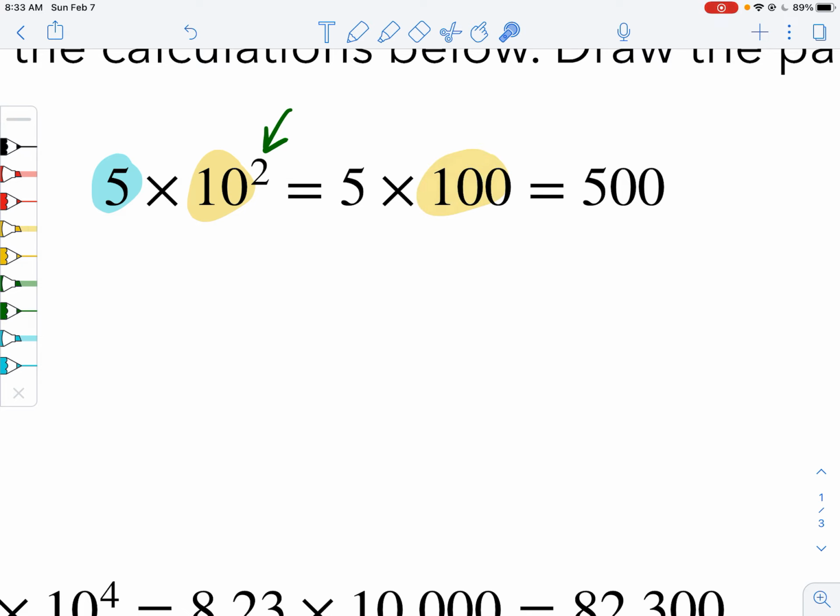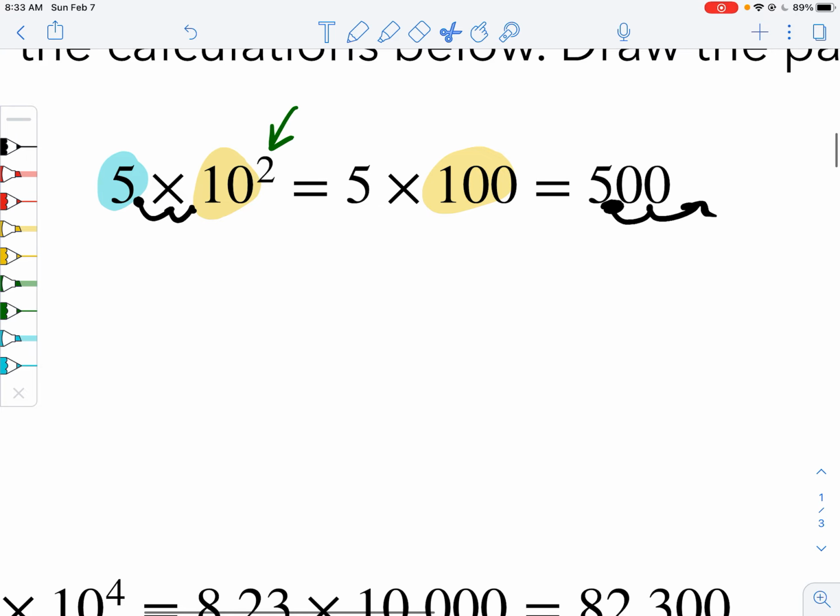10 squared is 100. And what we did with the decimal point is we took our decimal point, and now instead of being over here, it goes from here, and I'm going the opposite way. We took our 5, and our decimal point went 1, 2, to go over there. So again, our decimal point went 1, 2, like that.